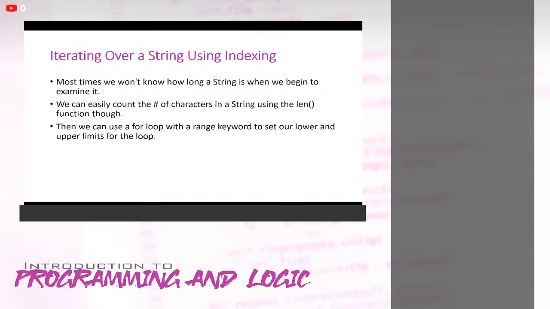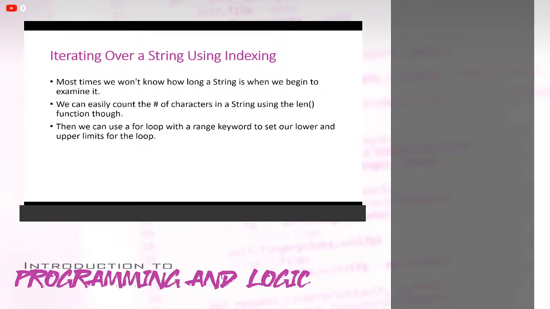Right? And one of the things that we can do here is we can use the len function to count the number of characters in our string, because we're not always going to know the number of characters in our string. Right? Most of the time we're going to be getting a string via an input. Right?